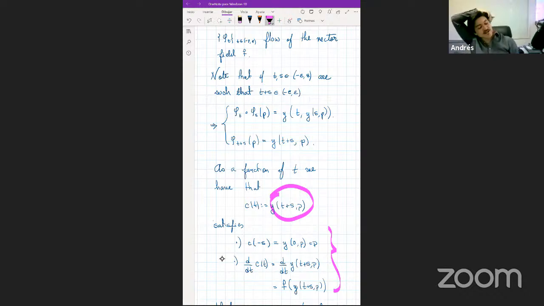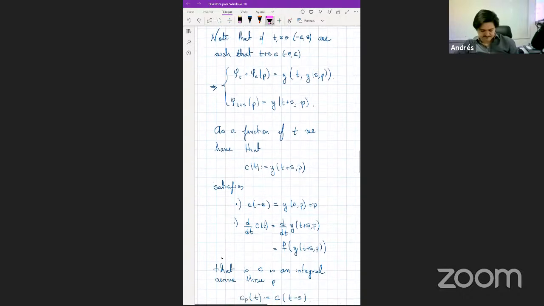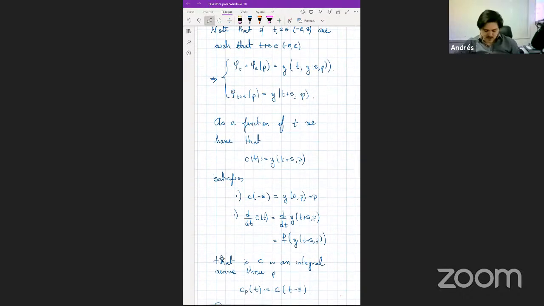We have to evaluate it at minus s to obtain p. So that's why we shift it. Now this satisfies the normalization condition: at zero it equals p, and the derivative is going to give me this. So this is actually the integral curve.